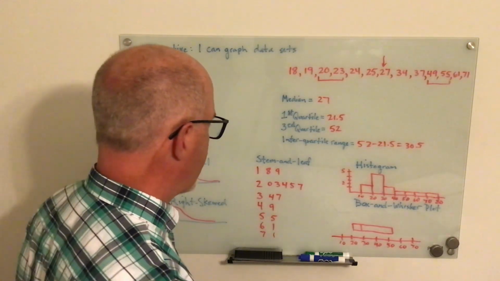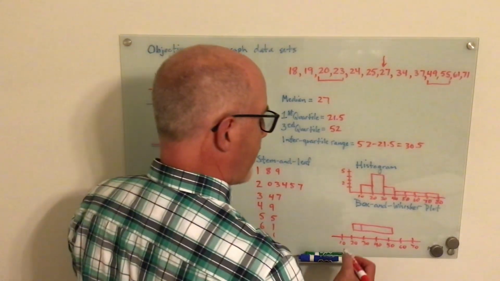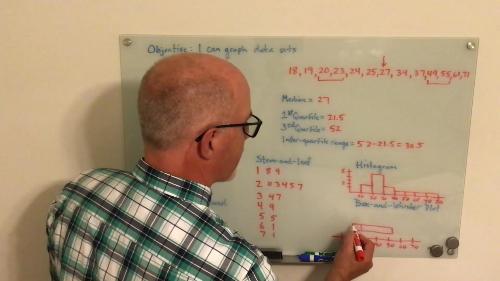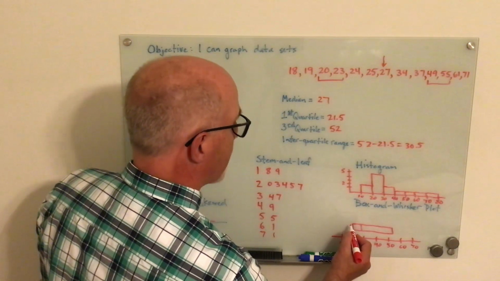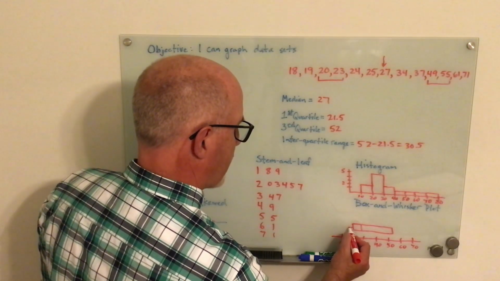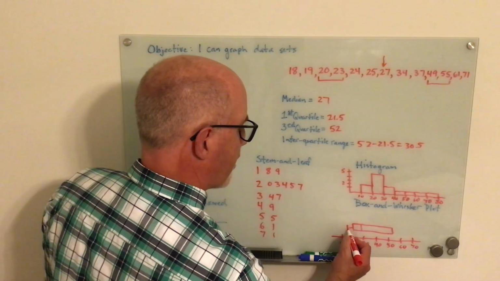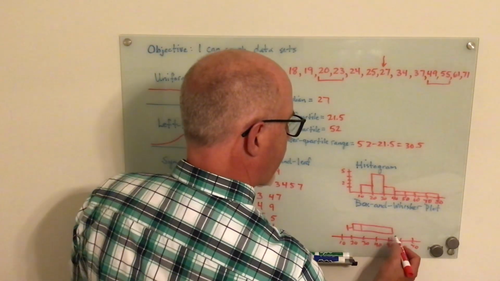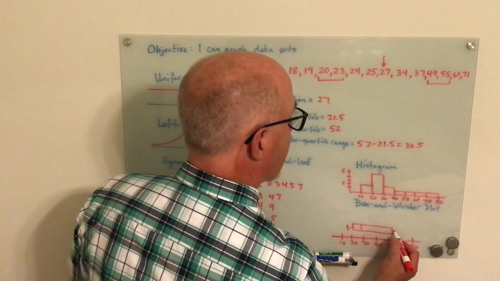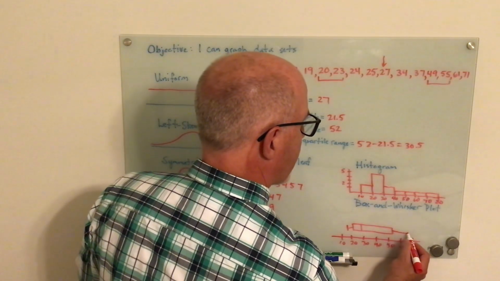right, a right-skewed data set. And then we put the mins and maxes off to the side. So the minimum here is 18, which only takes us out to right here. And then we go over here for the max, and the max takes us out to 71.